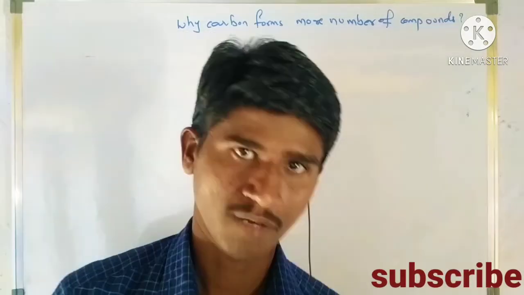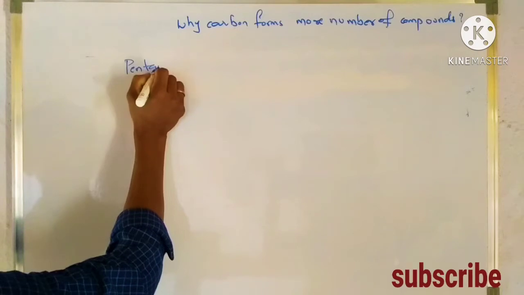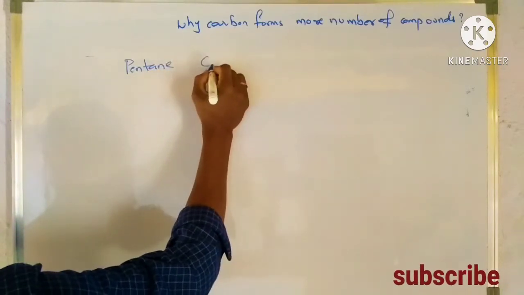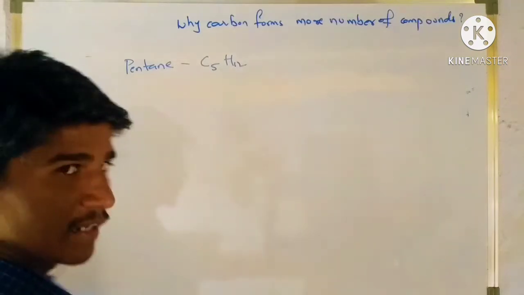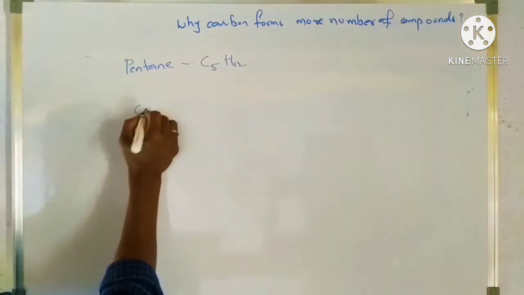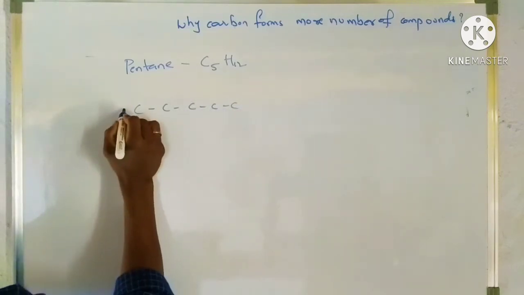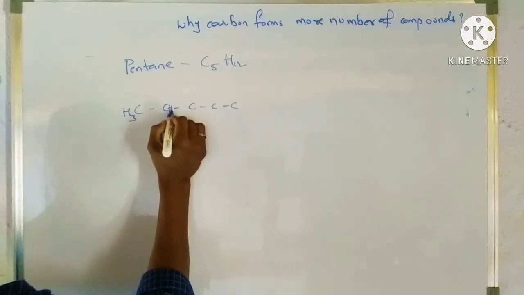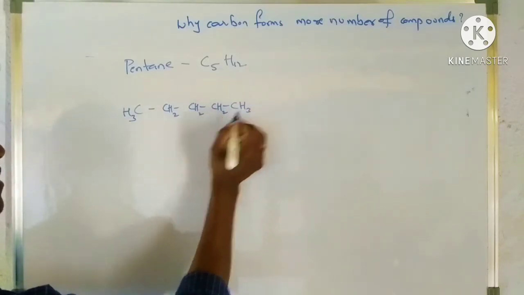Let us take an example, pentane. The formula of pentane is C5H12. Here 5 carbons are there: CH3, CH2, CH2, CH2, CH3.